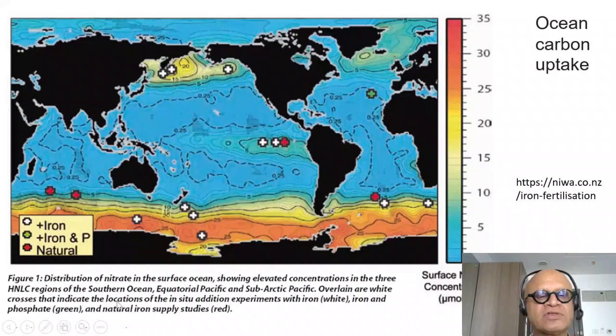Overlain are white crosses that indicate locations of the in situ addition experiments with iron and phosphate, and natural iron supply studies. Dust in the air, for example, going all the way from western Africa over to these regions, carry some amount of iron in them.